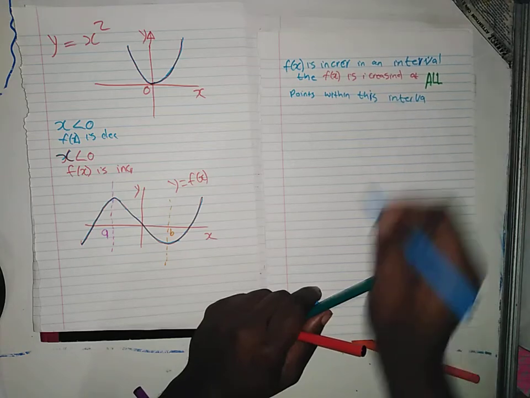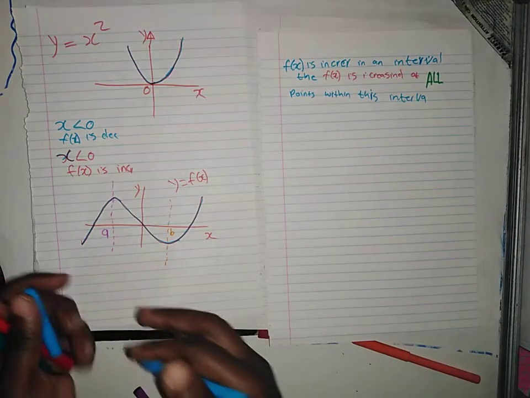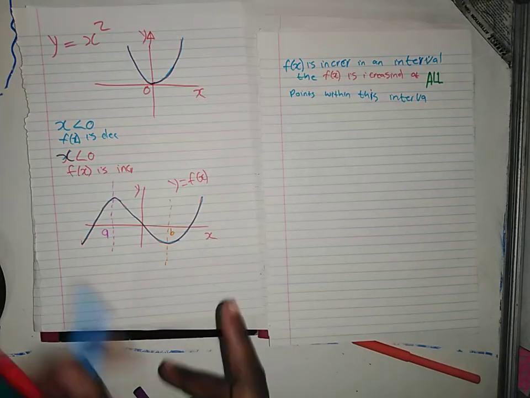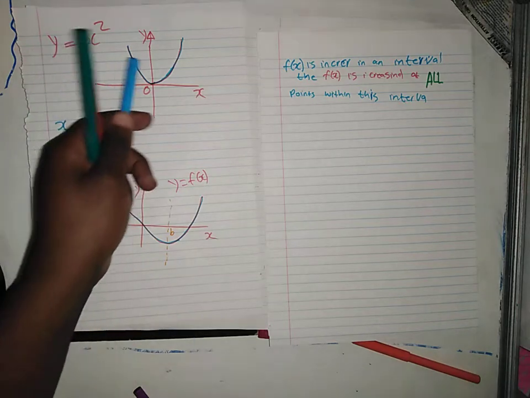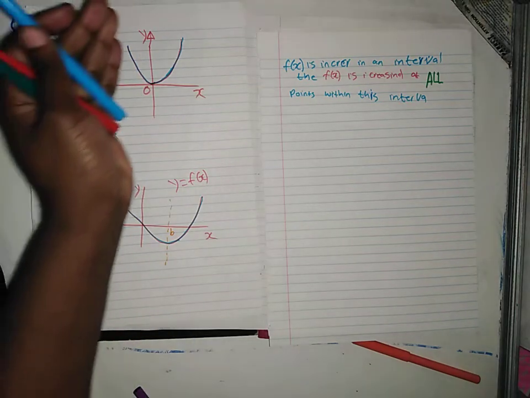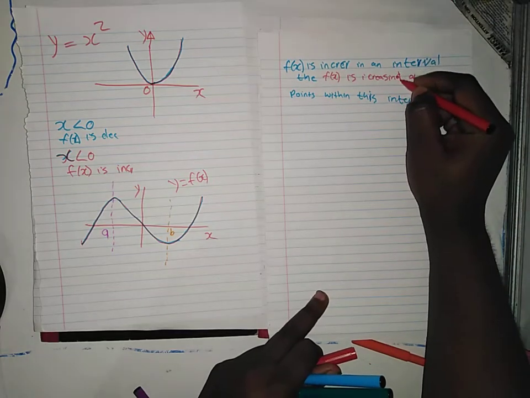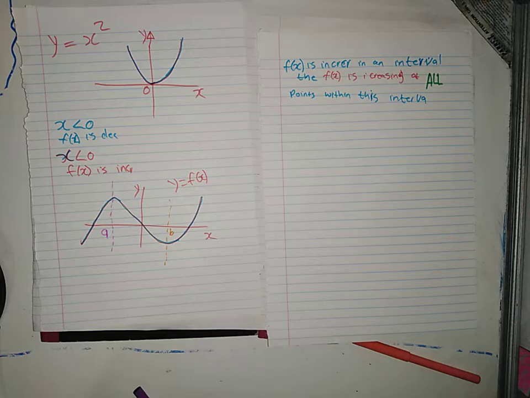So if I say between minus infinity and 0 the graph is decreasing, therefore I know that at all of these points the graph is decreasing. But if from 0 up to positive infinity the graph is increasing, then I know that at all points, what is happening? The graph is increasing.